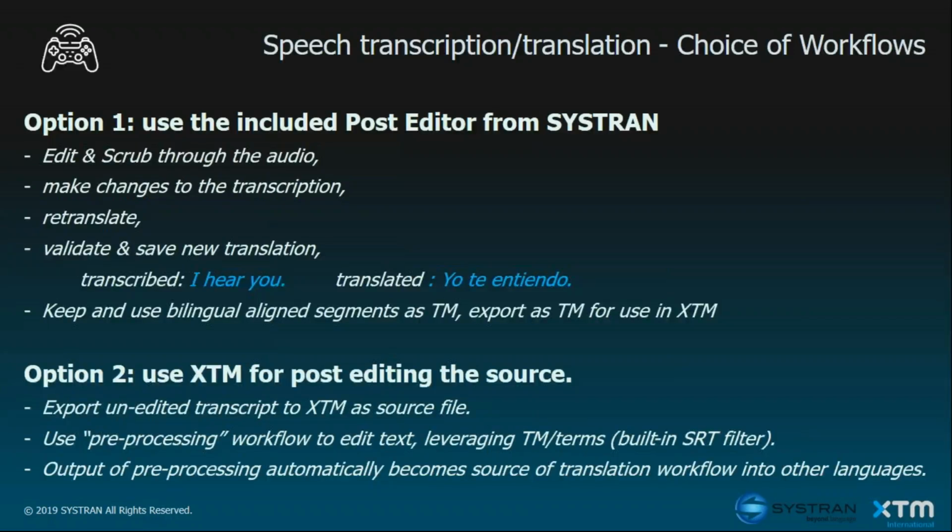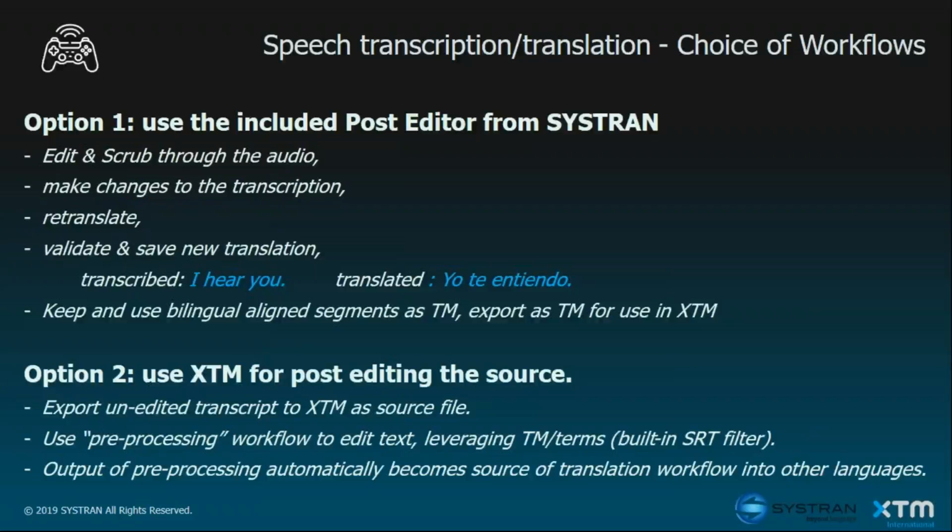And you can put it into XTM as the source file for a project. And what you do is you use our pre-processing workflow step to edit the source text. Now the benefits of that are that first of all, you can manage this whole process in one project, and it's a little hard to visualize, so I'm going to try to show you that very briefly here.